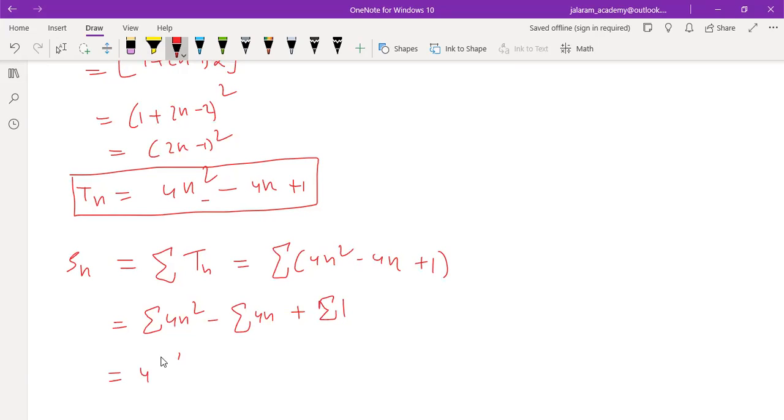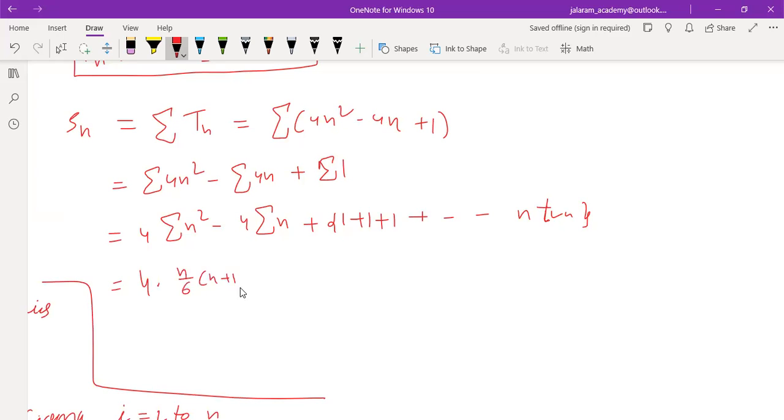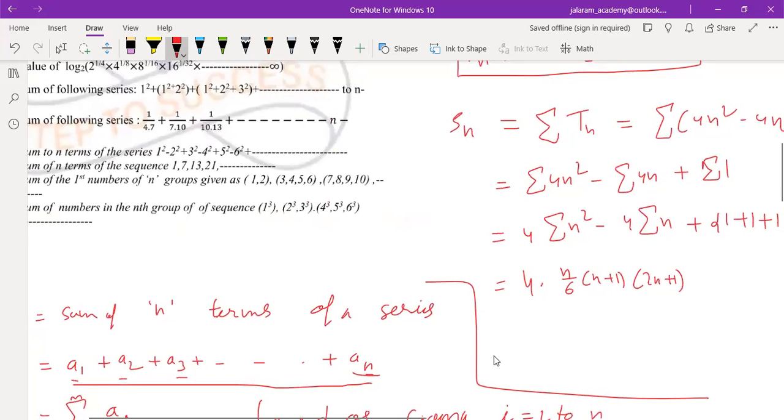Now 4 into sigma n square minus 4 into sigma n plus sigma 1 means 1 plus 1 plus 1 and so on up to n times. So its value will be n. Is that clear to you? Sigma 1 means 1 plus 1 plus 1 and so on up to n terms. So 4 into sigma n square, whose formula we already have discussed, is n by 6 into n plus 1 into 2n plus 1. Look at this.